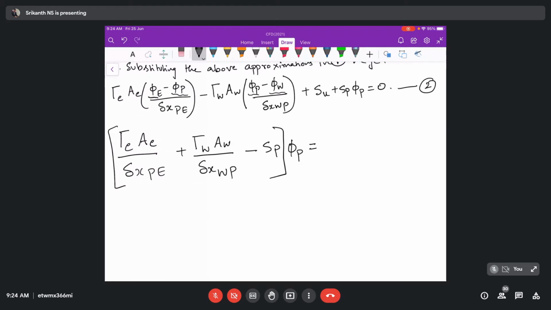Phi P equal to, minus is there, let's send it to that side, the remaining terms. Gamma W, AW.